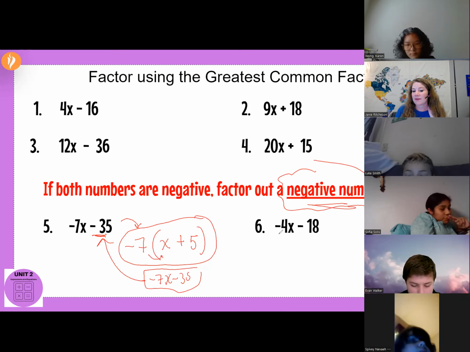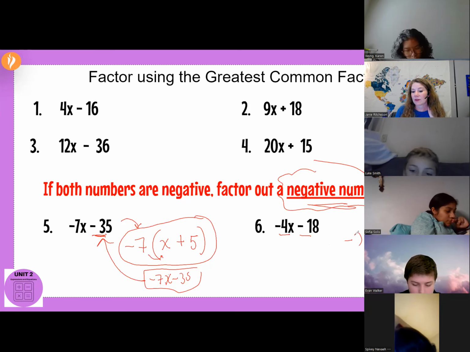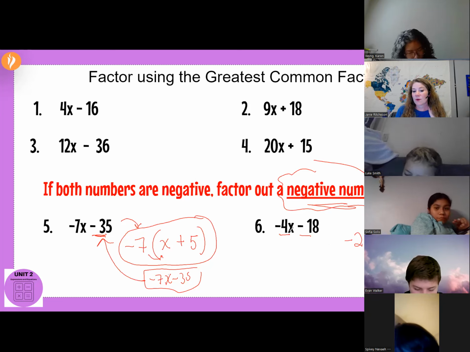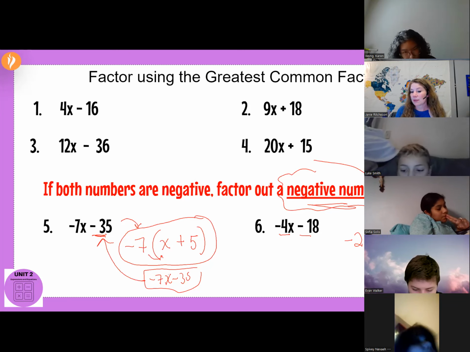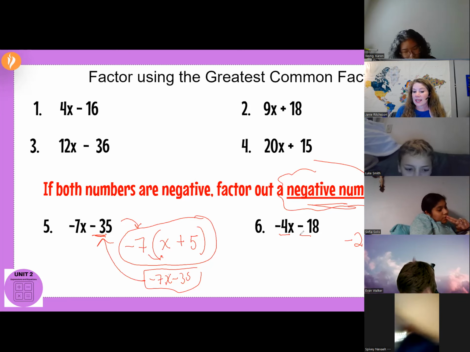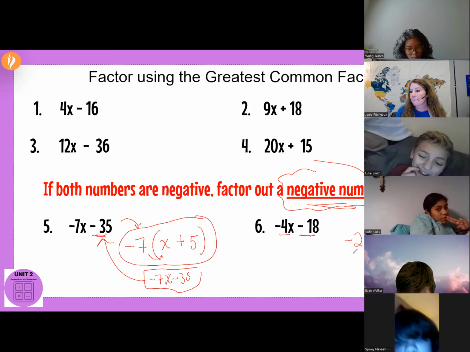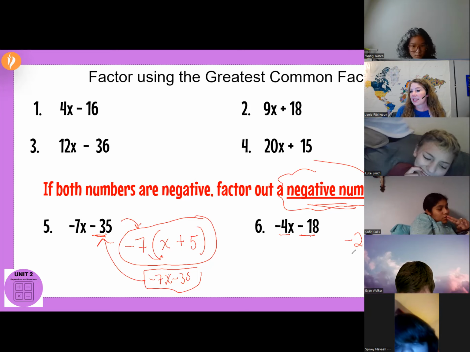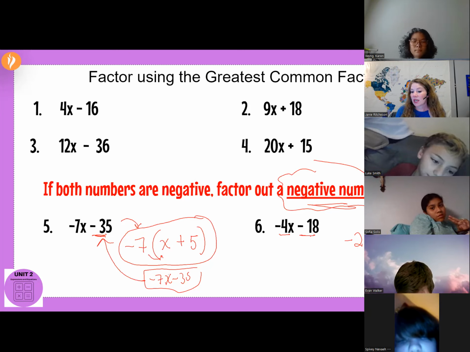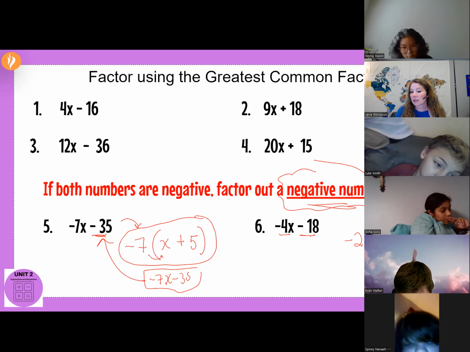Because we're pulling out a negative number if both terms are negative. So negative 4x divided by negative 2 is positive 2x. And negative 18 divided by negative 2 is what? Positive 9. Okay, does that make sense?